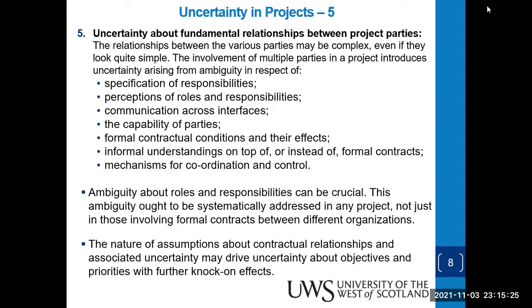You will always have multiple parties engaged in project management. And so for us to ensure that there's no ambiguity in respect of roles and responsibilities, we must clarify who does what, okay?